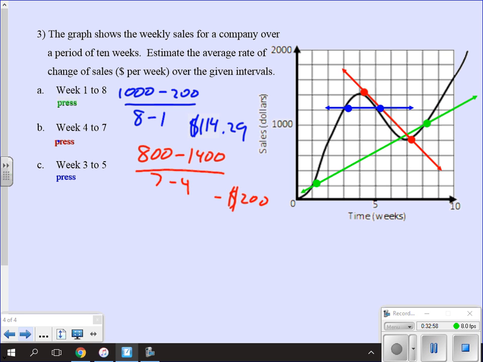Now, on a side note, like I said, I talk a lot about calculus. What we did here was what existed long before calculus. It's very easy to find the average rate of change.